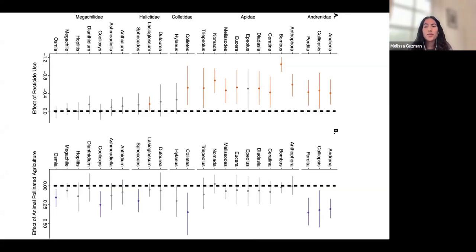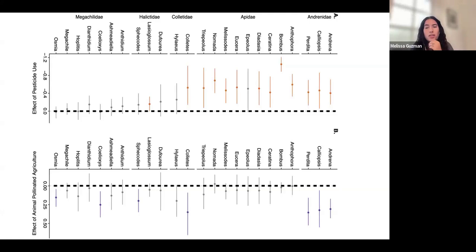For the most part, above the line it's a negative effect, and below the line it's a positive effect because the graph is flipped over. The main thing is that across many different genera, we see this negative effect of pesticides. Similarly, we see the slightly positive and less strong effect of animal-pollinated agriculture.